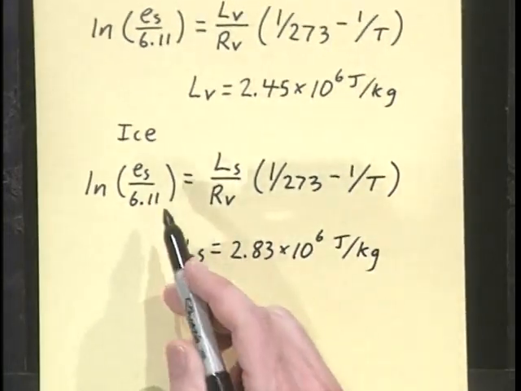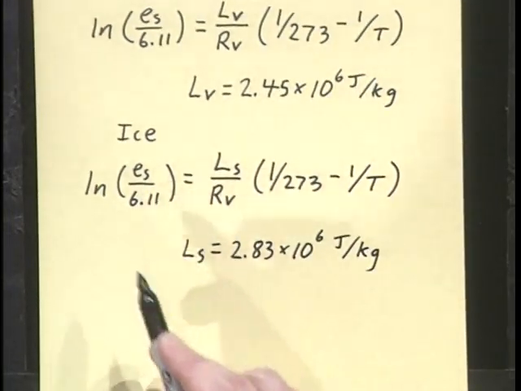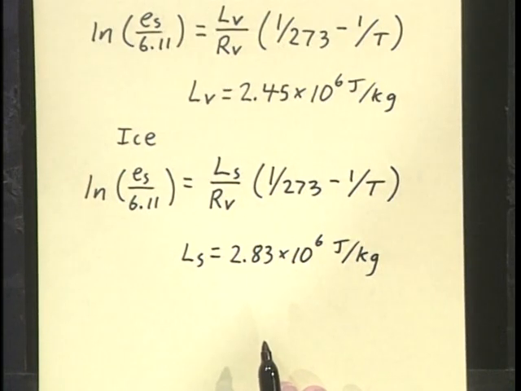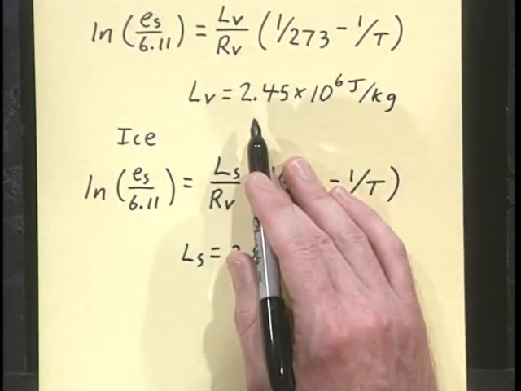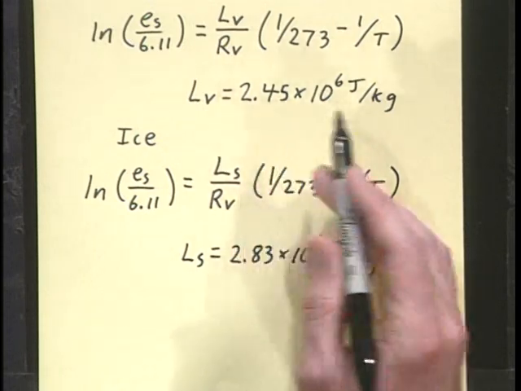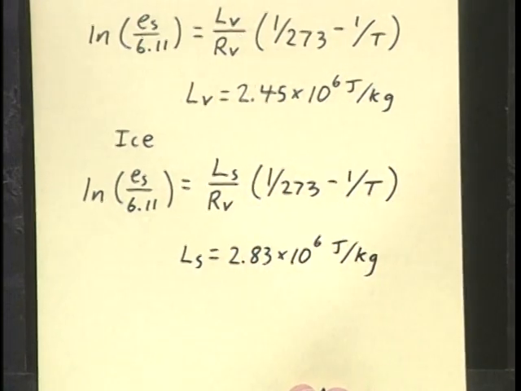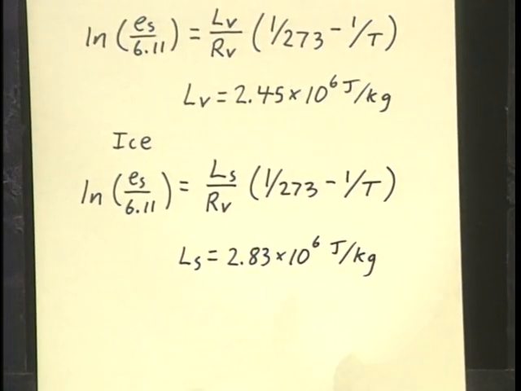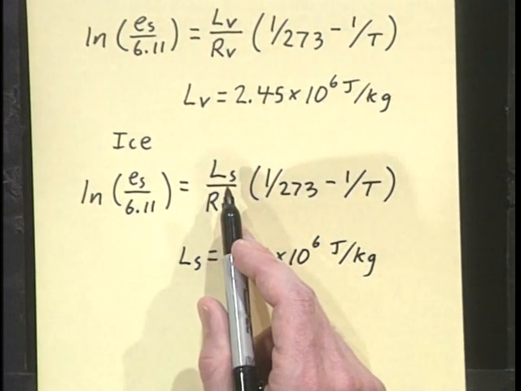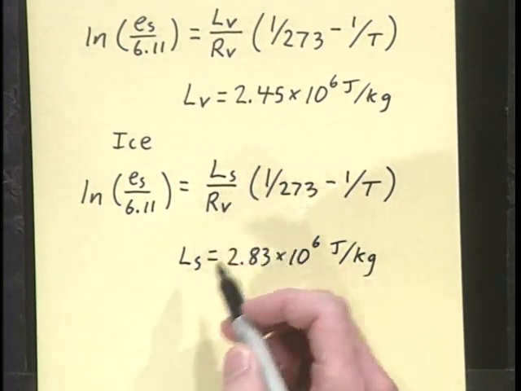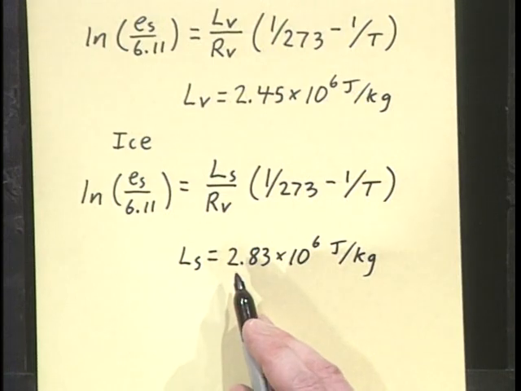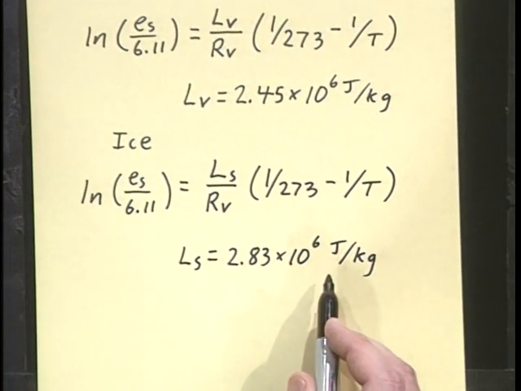But when you're looking at ice, the saturation vapor pressure, you do not look at the vaporization, you're looking at a sublimation type process. So it has a different constant for L, and this is L sub S, which is 2.83 times 10 to the 6 joules per kilogram.